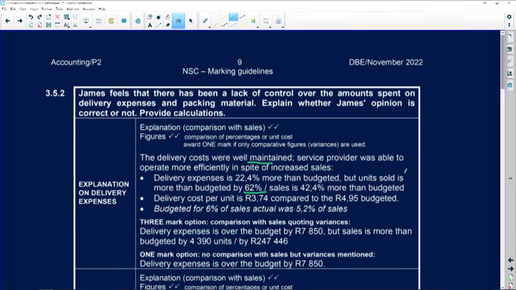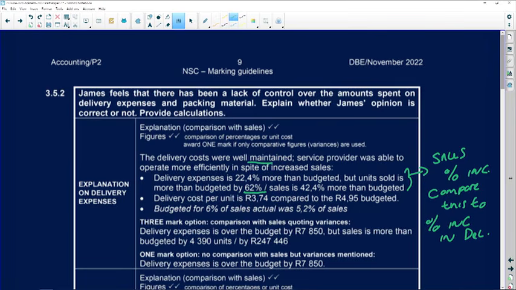Okay, so very important. What I didn't explain a few seconds ago is, again, when you're looking at sales, look at the percentage increase in sales and compare this to the percentage increase in your delivery cost or your delivery expense. That's exactly what they're doing here.